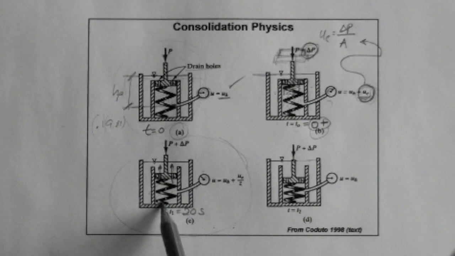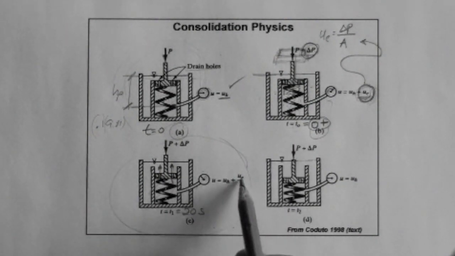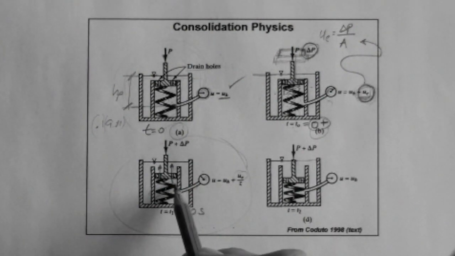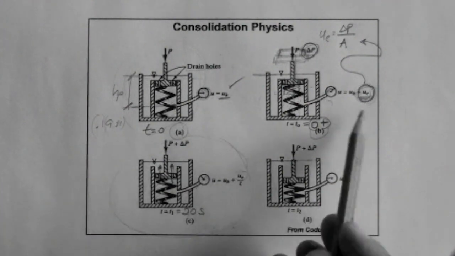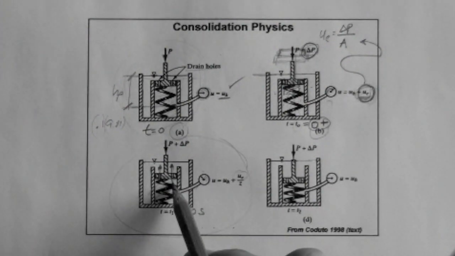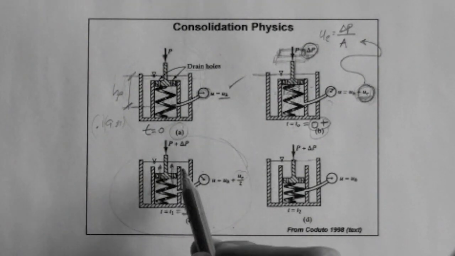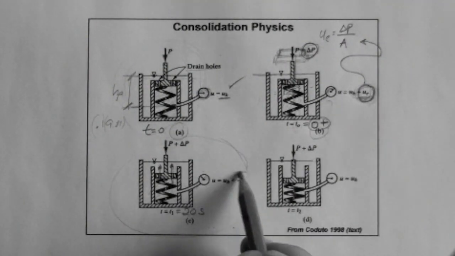Because the spring is squeezing, you know that there's force in the spring. So the load, that is the excess pore pressure, is being transferred from the water to the spring. As the water escapes, the excess pore pressure goes down, as you can see here.